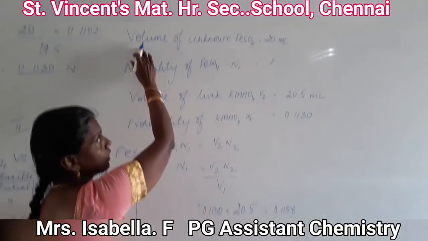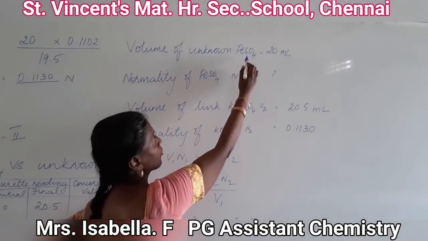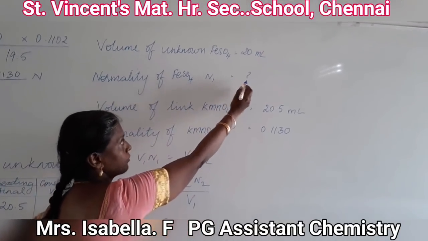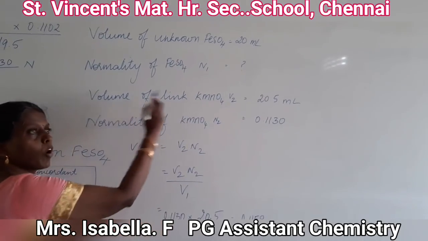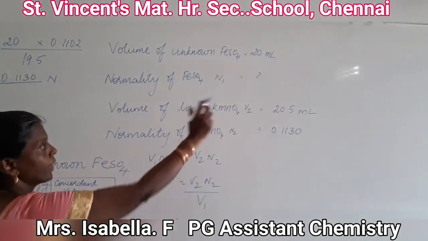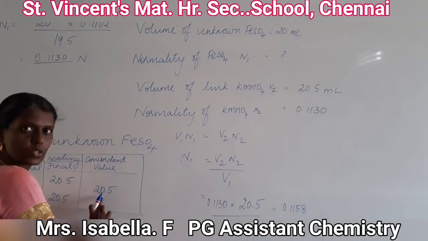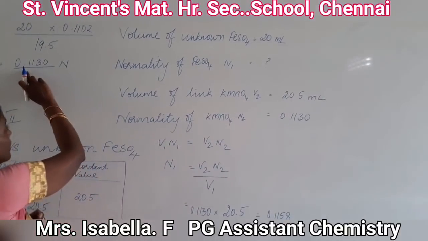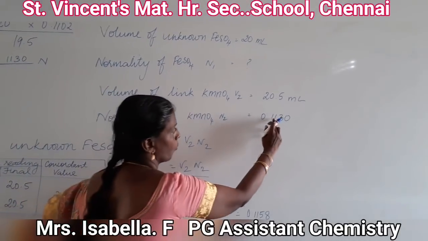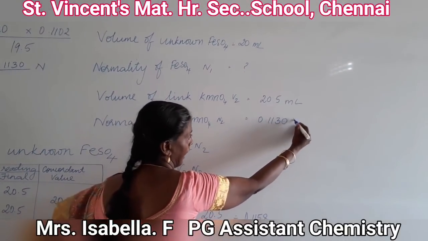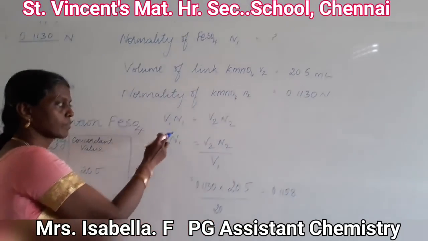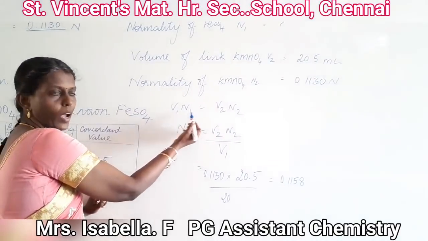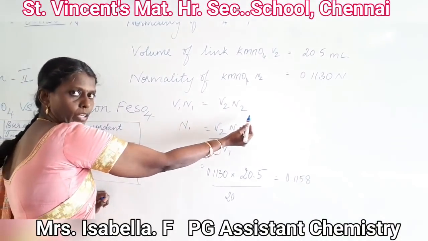Substituting the values here, the volume of unknown ferrous sulphate 20 ml, its normality we have to determine, the volume of the link potassium permanganate, the burette reading which is 20.5 and its normality which we have already determined here, 0.1130N. Making use of the same law of volumetric analysis, V1N1 is equal to V2N2.